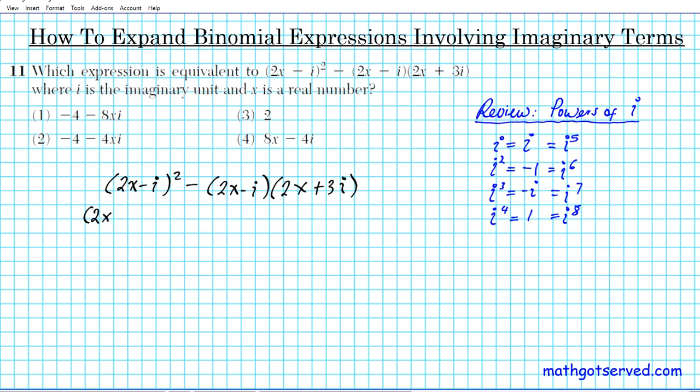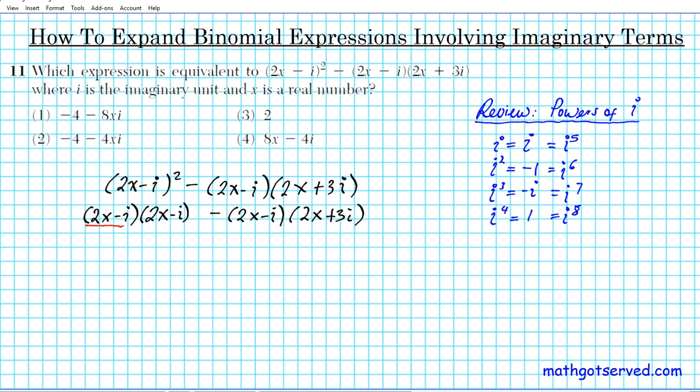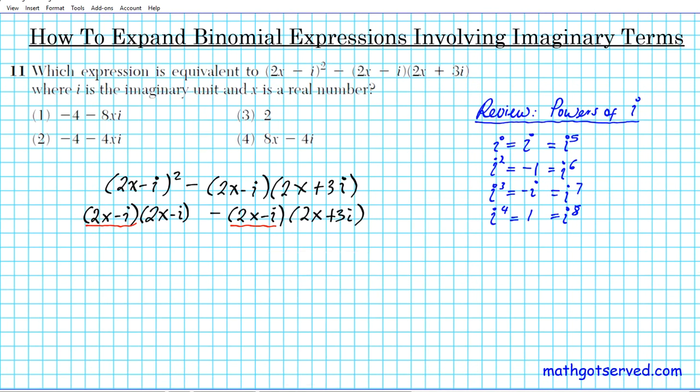So (2x − i) squared is basically (2x − i) times (2x − i), minus (2x − i) times (2x + 3i). You notice that the quantity 2x − i is identical on both sides, so we can factor out 2x − i. Hopefully that will simplify our expansion process.